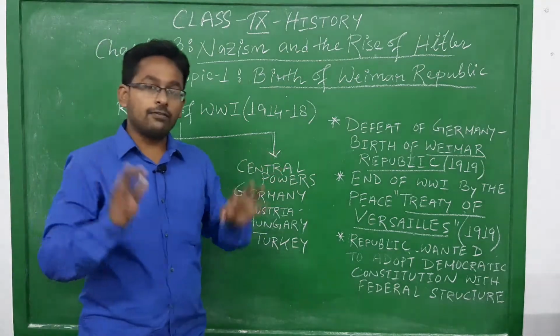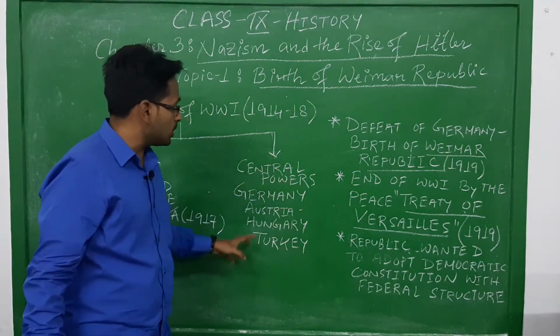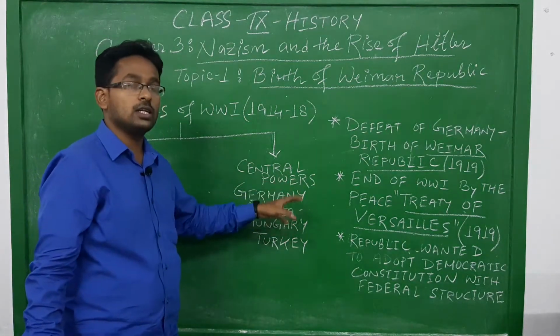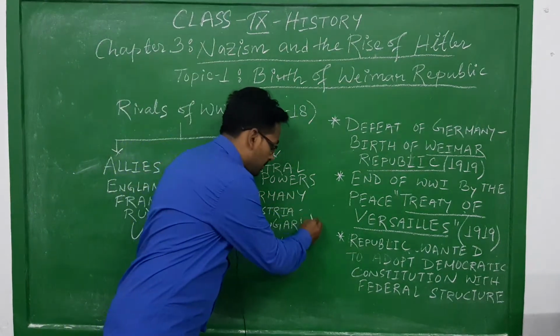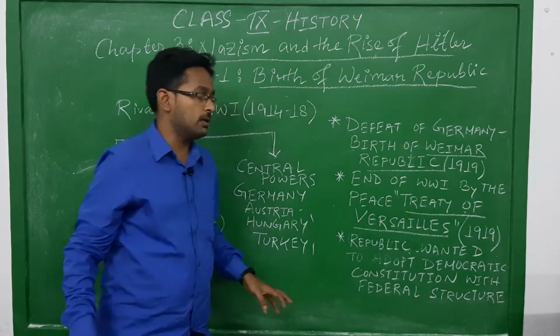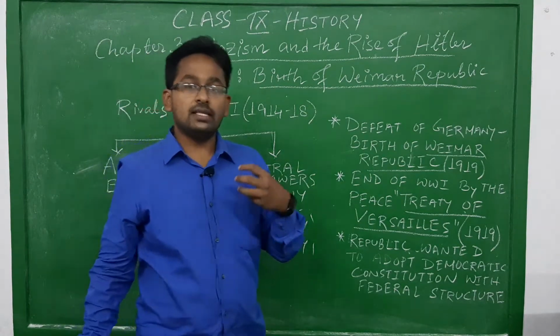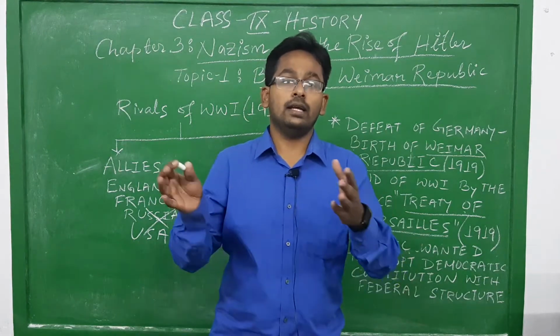After the defeat of the Central Powers, we can see lots of changes happening in the political, social and economic life of these powers. We are not discussing Austria-Hungary, Turkey and other powers, but our main focus will be on Germany, because the major changes in political, social and economic life happened in Germany.